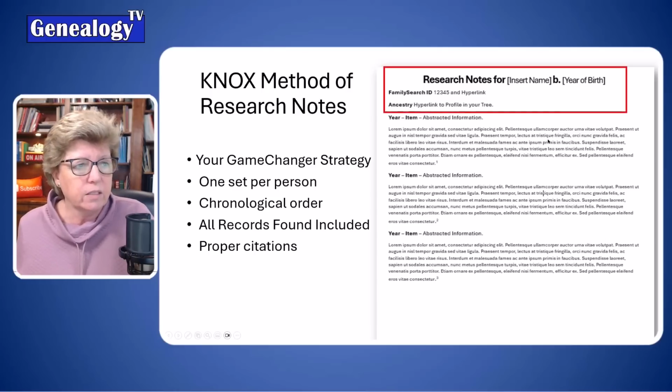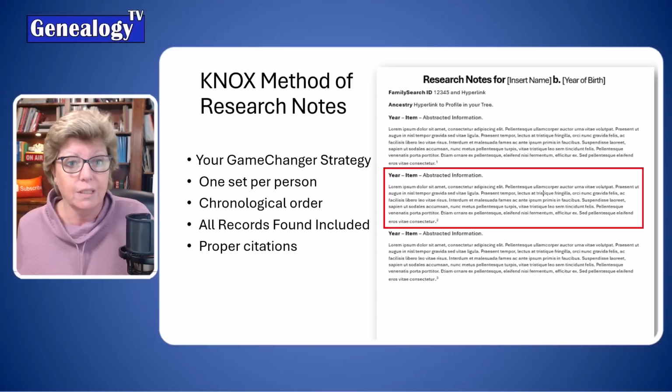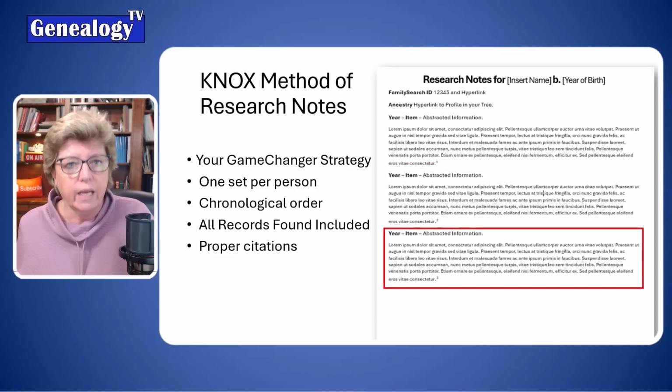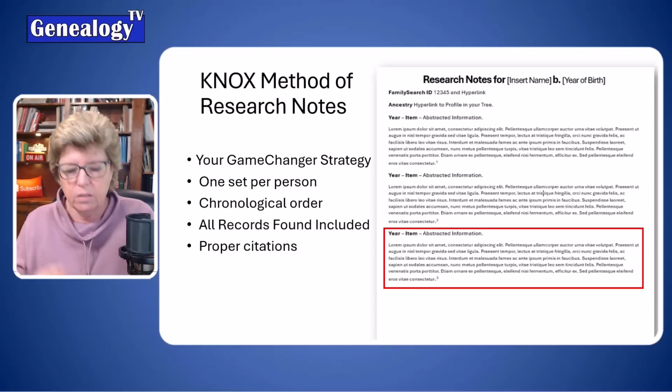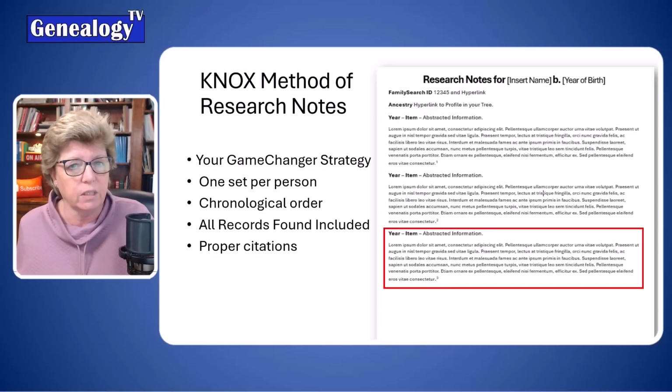So you have that top section that basically tells you who it is and where they are online. And then you have each item individually in chronological order. And as you do this, especially if you start with the year, you can jump ahead and not have to reread all of your research notes every time you're trying to find something.